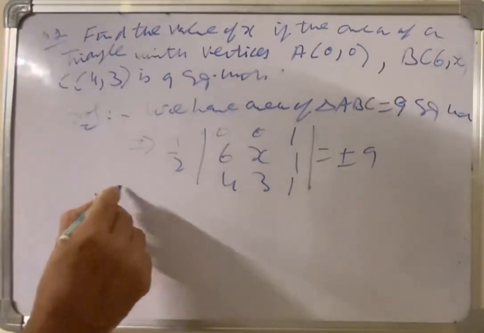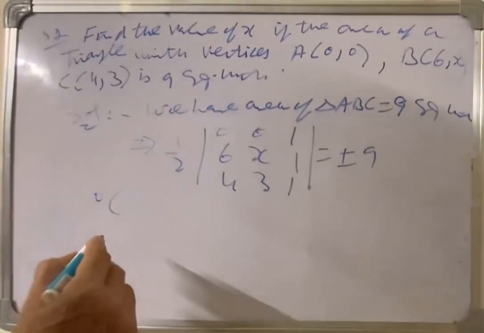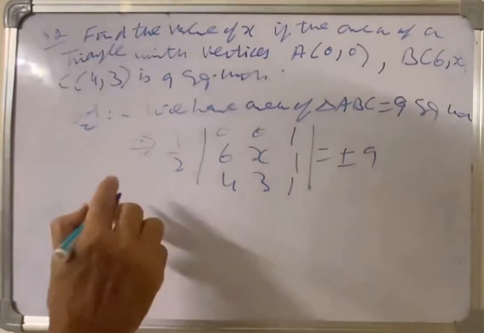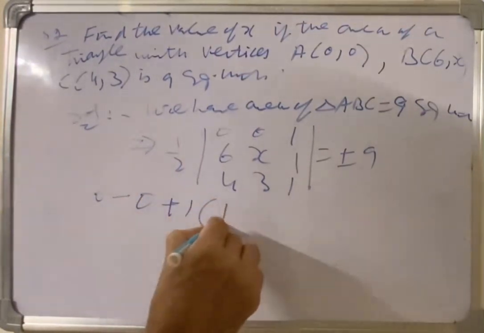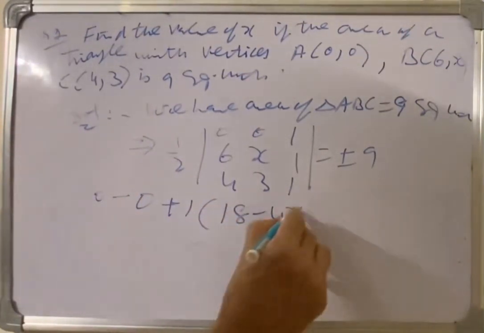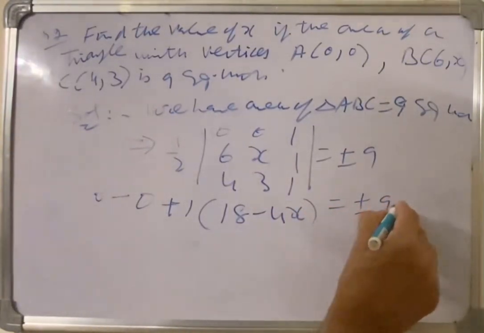Then, expanding by first row, 0 minus 0 plus 1 into (18 minus 4x) is equal to plus minus 9.